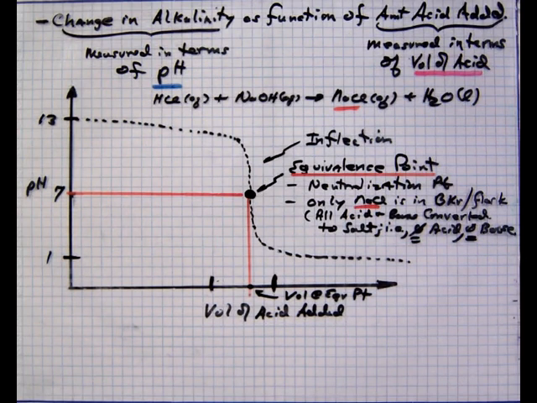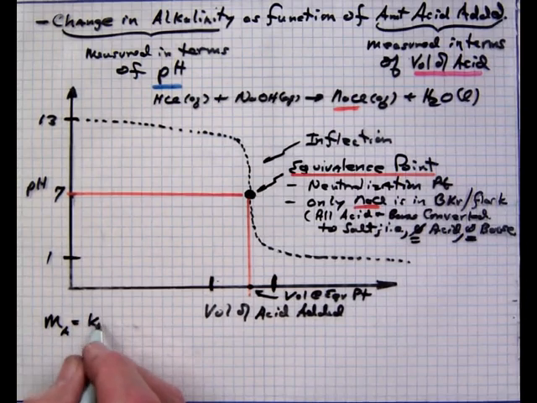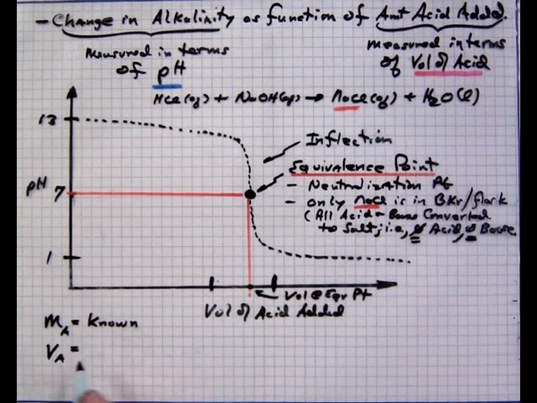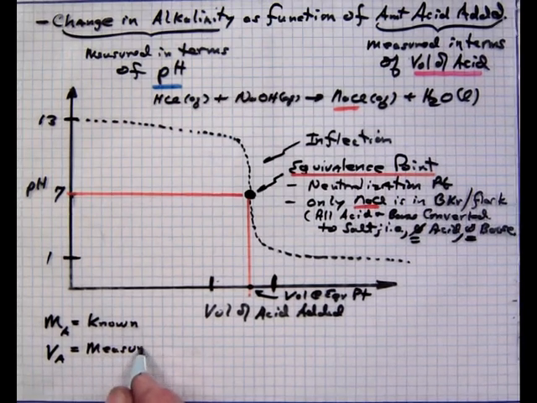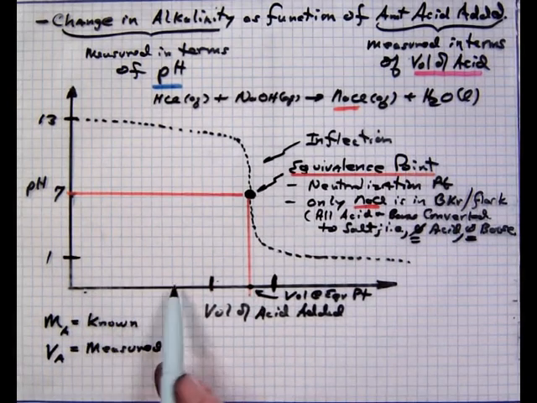Now, just to summarize the data that you are deriving from this graphic or titration curve, you have the molarity of the acid, and that is a known concentration. Volume of the acid is measured as you approach the equivalence point, so you're trying to find out where the equivalence point is.